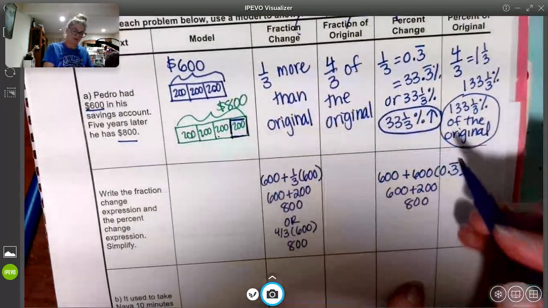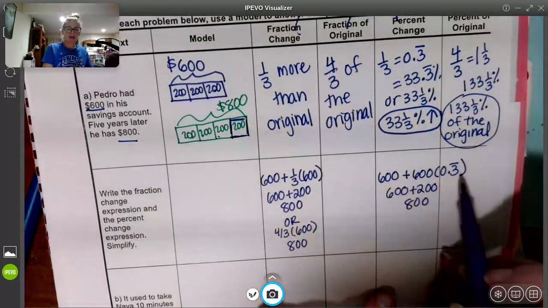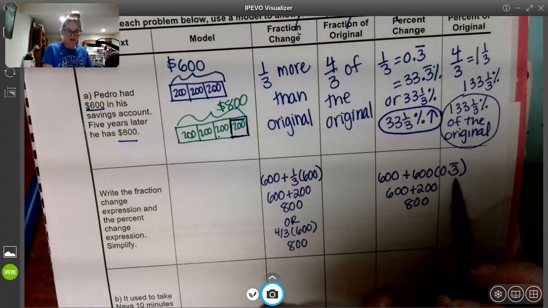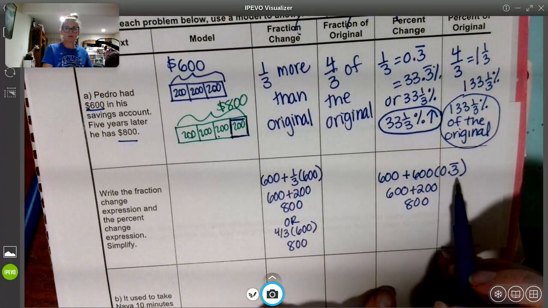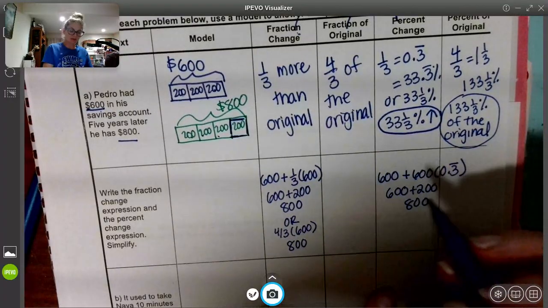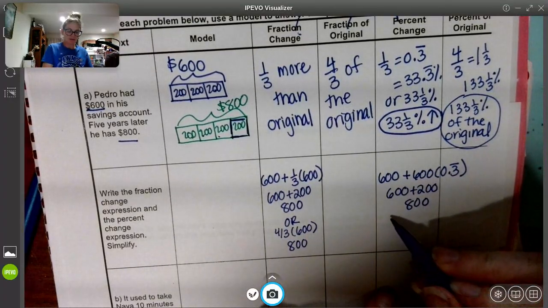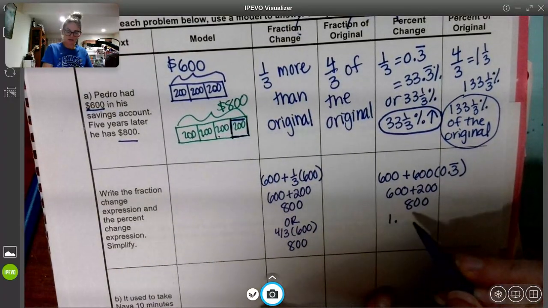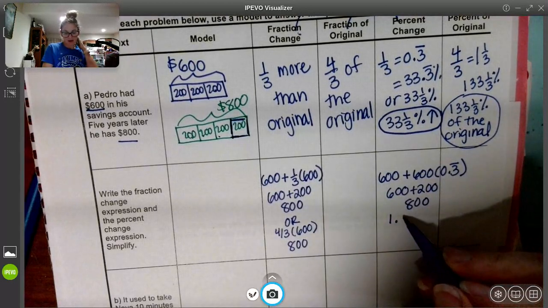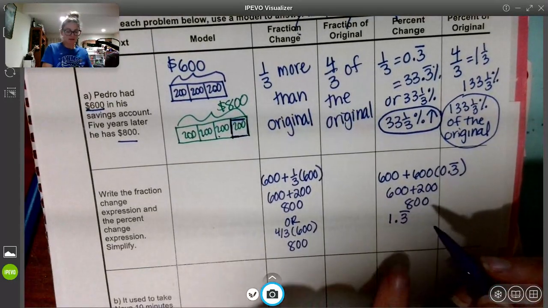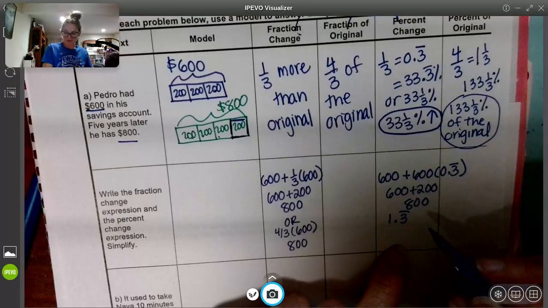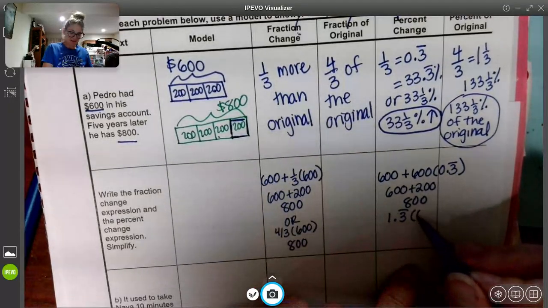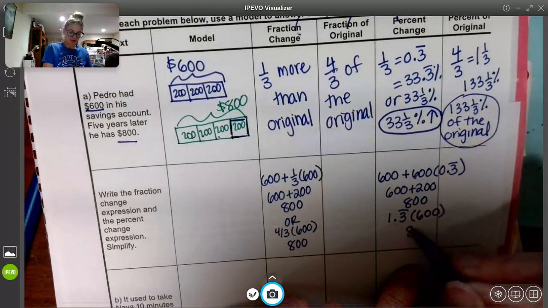Or we can think about this as 100% and this 33 1/3% times 600, which is also going to get you 800.